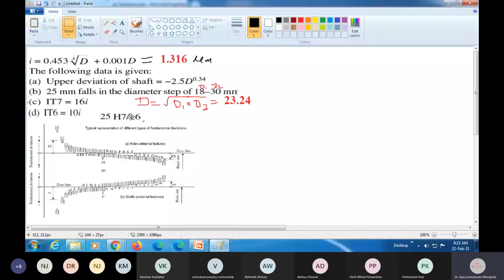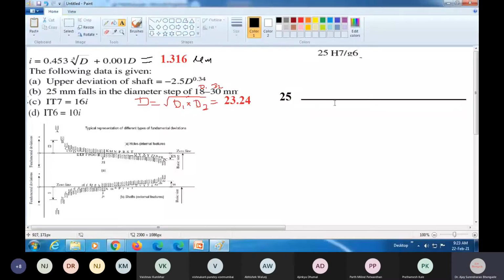By 25 we understood that the size of 25 is the basic size, right? So if we simply put up a basic line, the 25 indicates the basic line. So this will be my value of 25. That is the basic line.